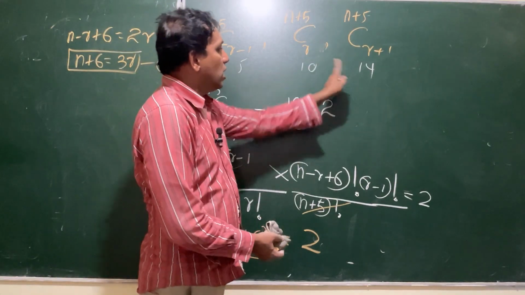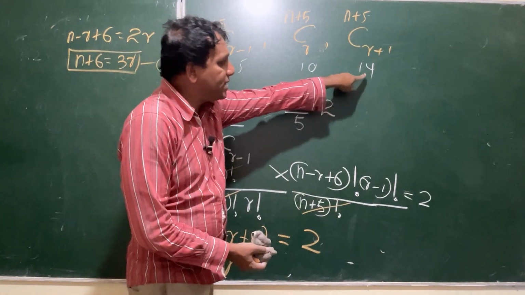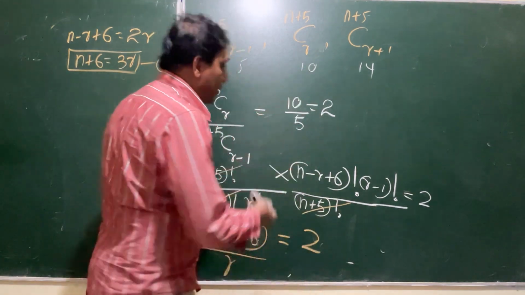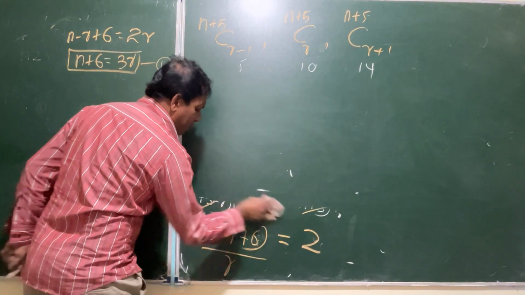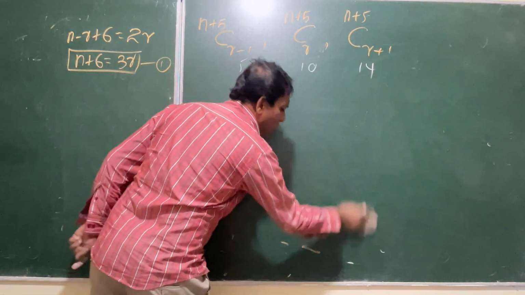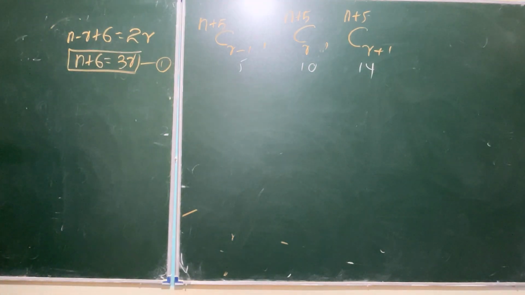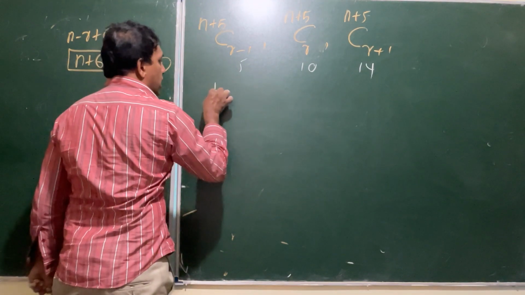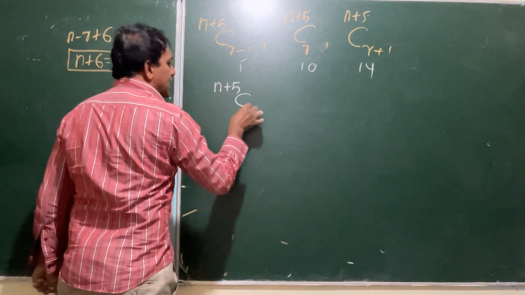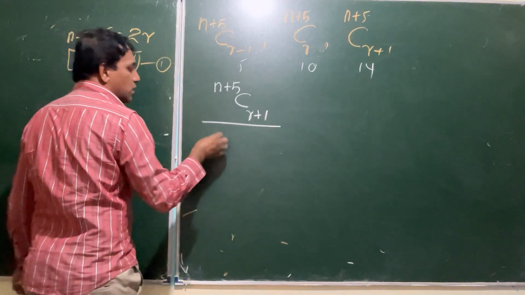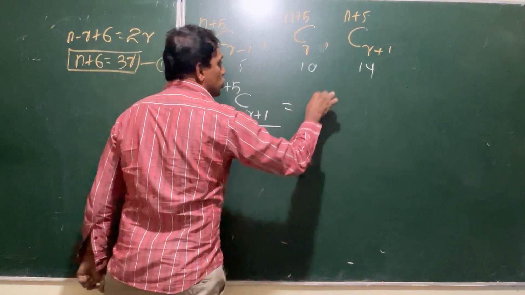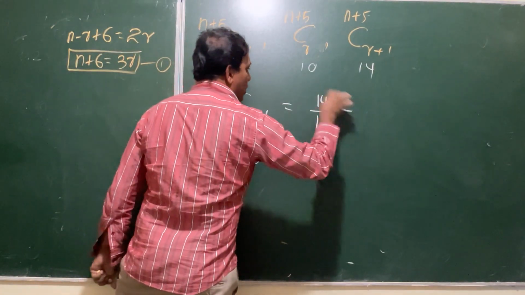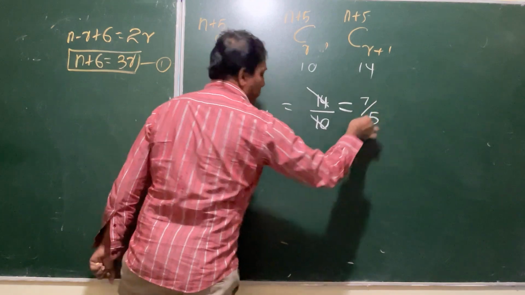These two ratios, 10 is to 14. Can I take the bigger number here and divide, 7 over 5? So we write that part now. This is the expected problem in any type of pure maths paper under the binomial relation, for structured type or essay problem. So the next one: (n plus 5)C(r plus 1) over (n plus 5)C r equals 14 over 10, or otherwise cut by 2, 7 over 5.